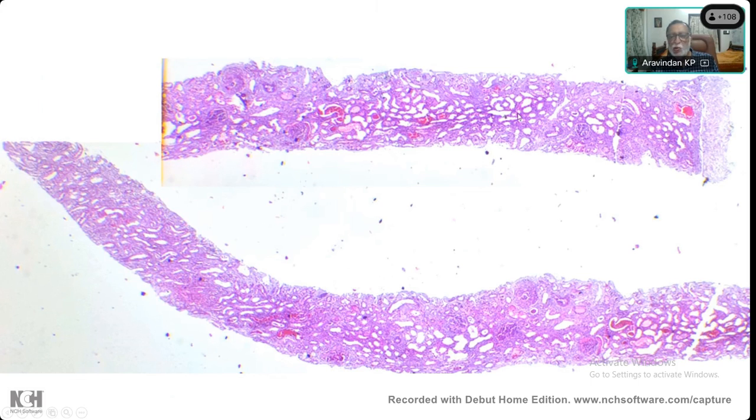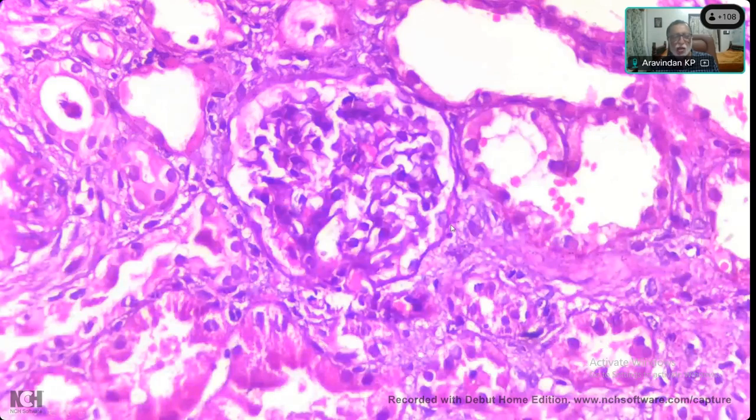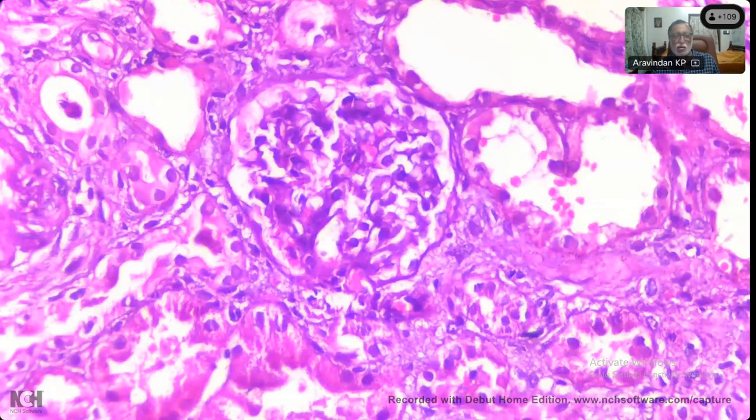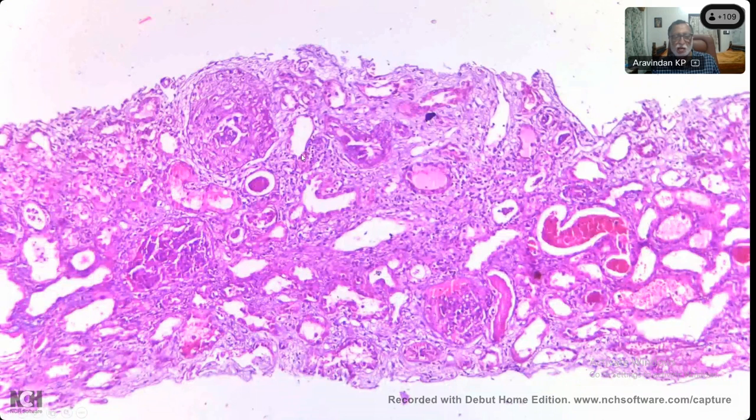Some of the tubules contain RBC casts. Some dilated tubules. When you see a bunch of dilated tubules, it may be due to some tubular loss, some edema. Some space in between, edematous, some tubular loss, RBC cast here, and this large glomerulus.